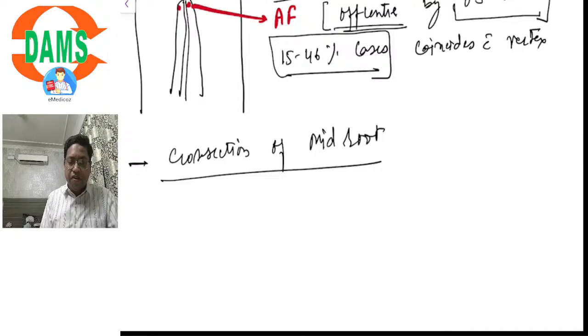Now we talk about the root canal system. If we look at the root canal system of any tooth, it consists of two parts. Suppose this is a mandibular molar.